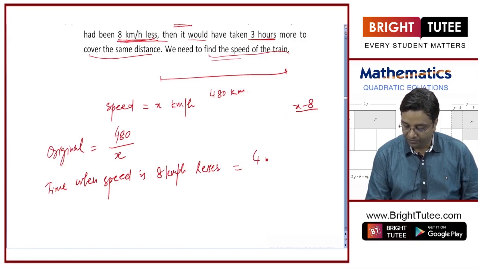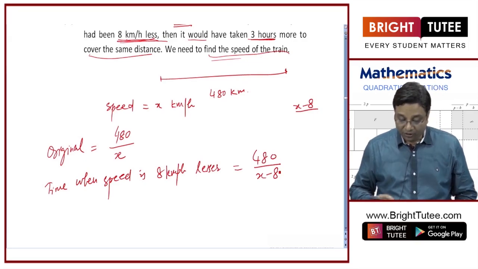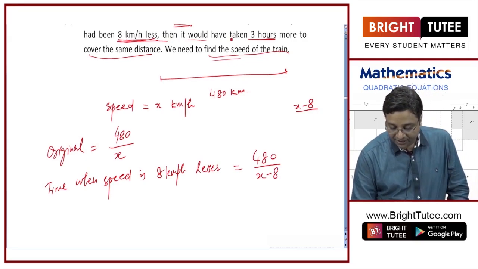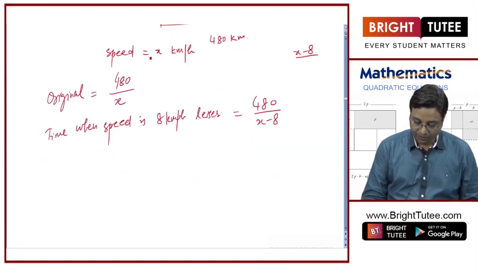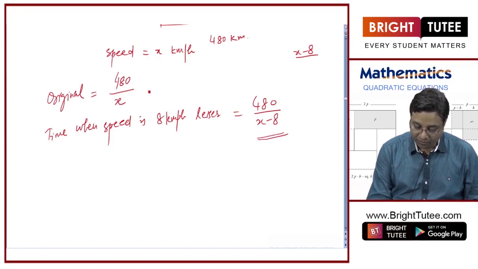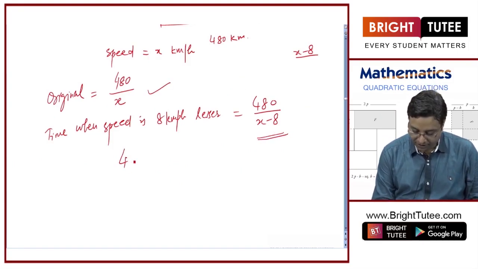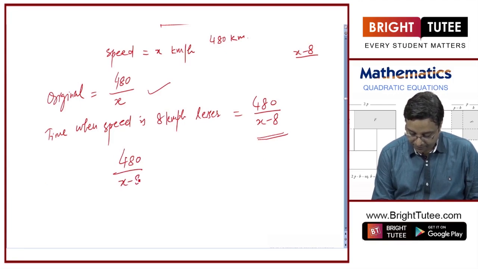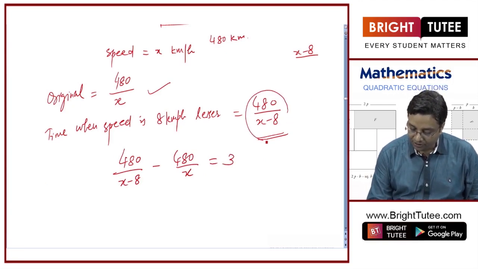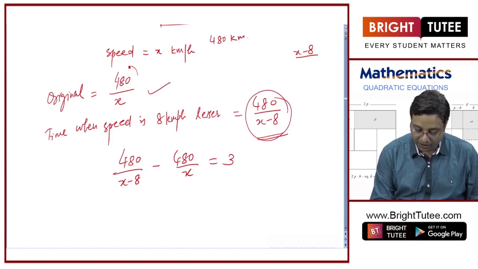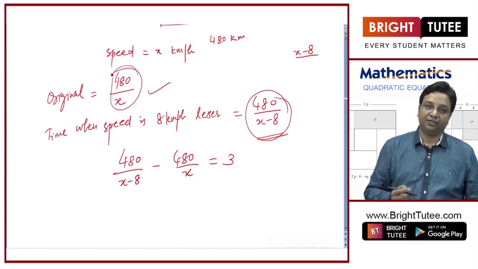So the time taken will be 480 by x minus 8. Now the question says that it is taking 3 hours more to complete the same distance. So this time is 3 hours more than this one. So if I subtract 480 by x, it will give me 3, right? Because this was 3 hours more than this one, right, as per the question.